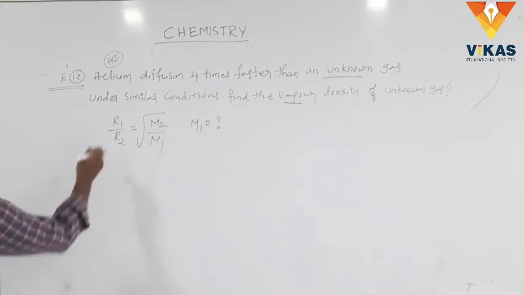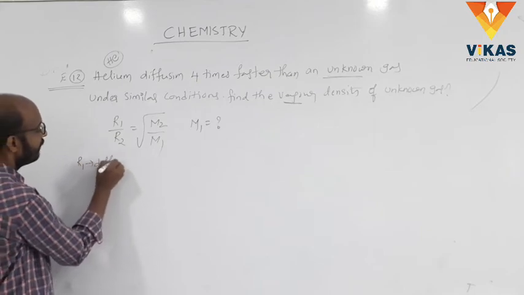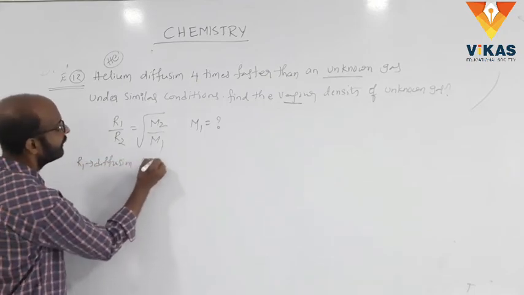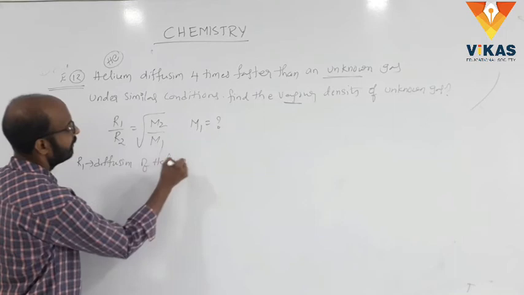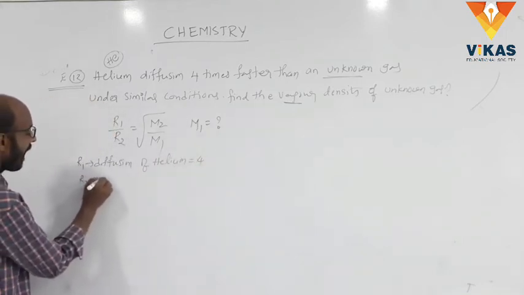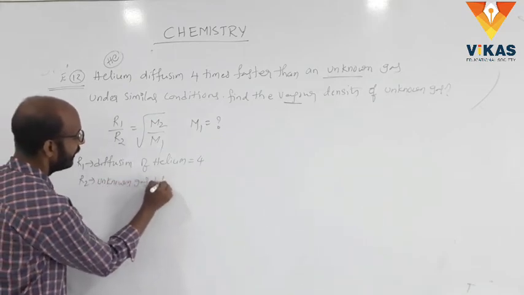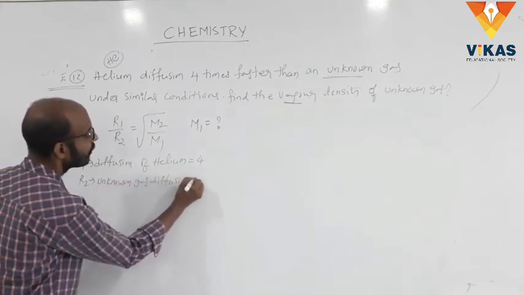So here, R1 is the diffusion of helium, 4 times, and R2 is the unknown gas diffusion, that is equal to 1.